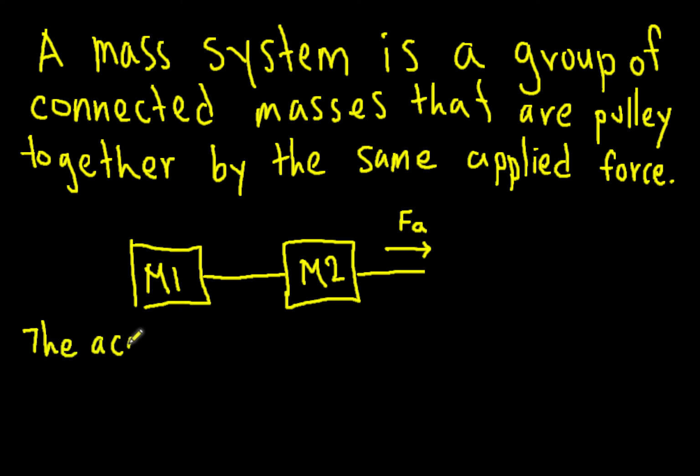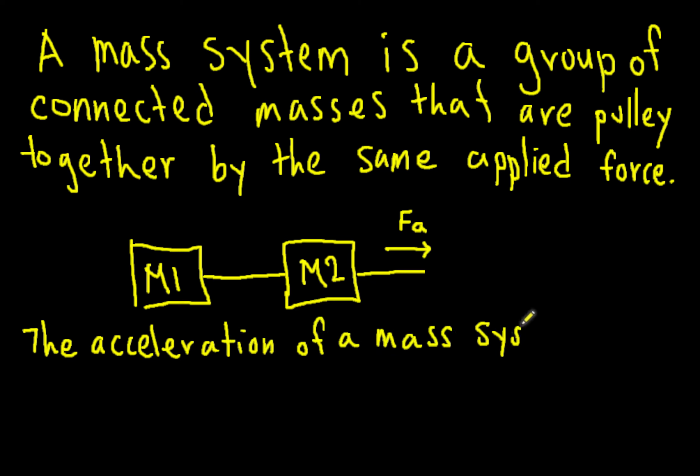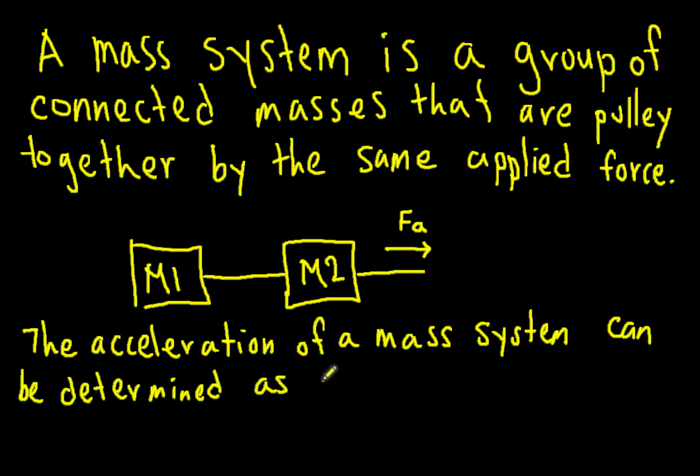The acceleration on a two-mass horizontal mass system can be calculated. And when you're calculating it, you determine it by imagining that the system is being pulled by a net force acting on a single mass.